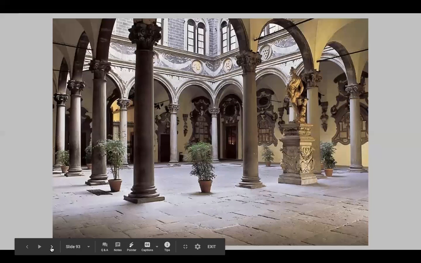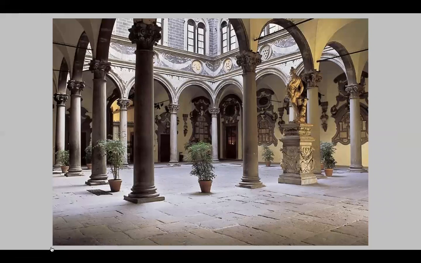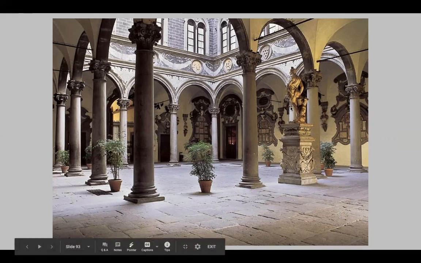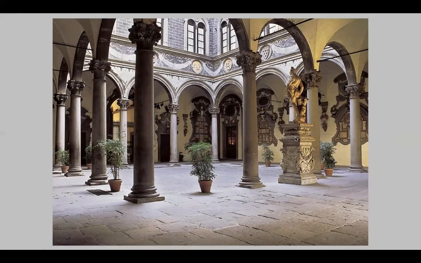The Medici had an atrium. So we've talked about atriums before. These are these open spaces. So inside the center of the building, there's kind of like this garden area. And if you notice, there's these podiums. So young Michelangelo, as well as many other artists, their patronage would be of the Medici.